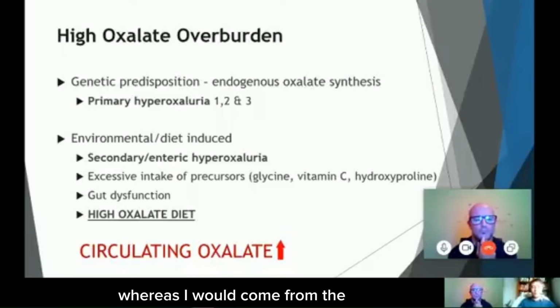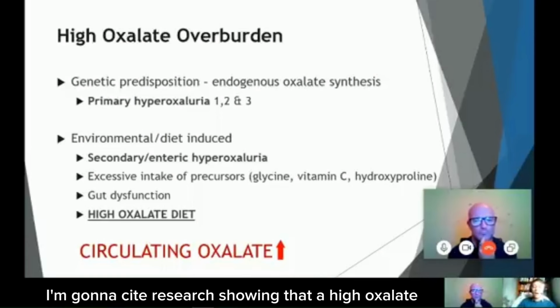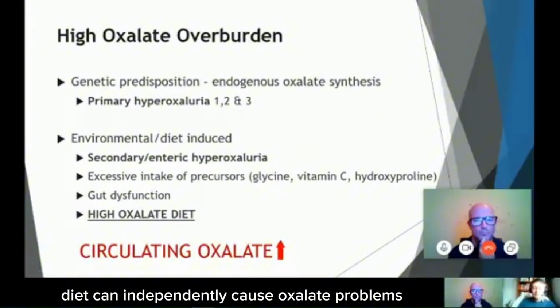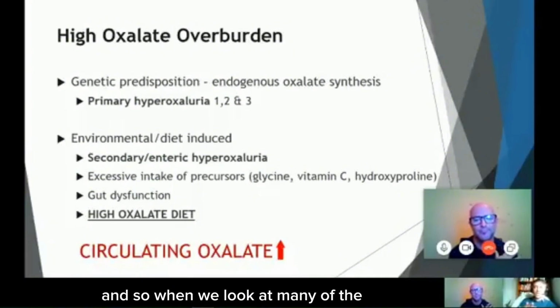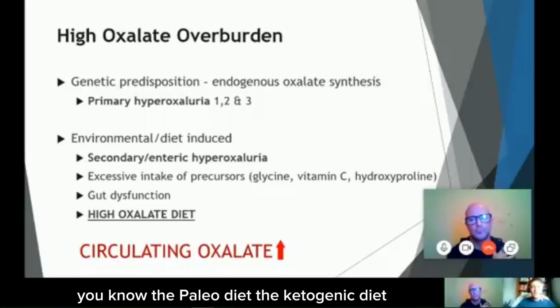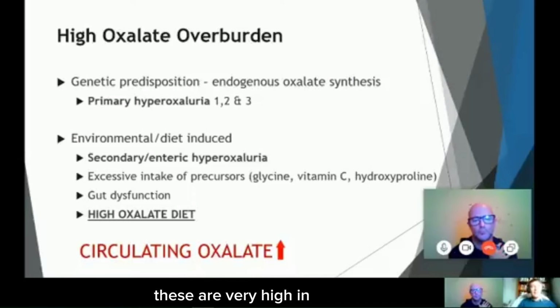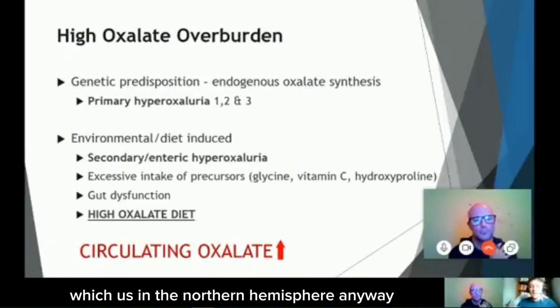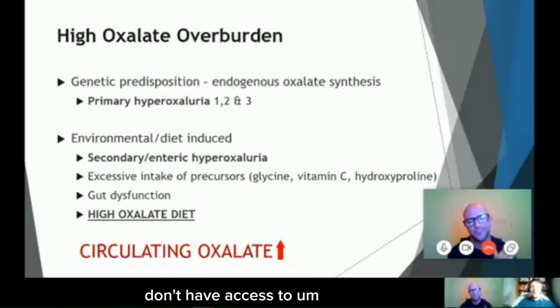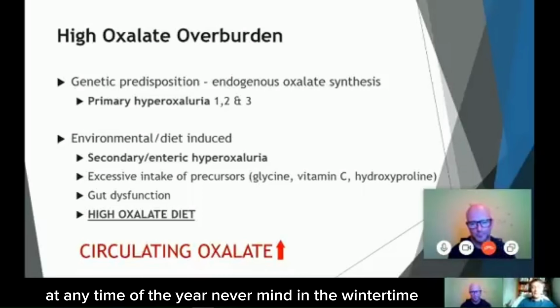Whereas I would counter that, and actually I'm going to cite research showing that a high oxalate diet can independently cause oxalate problems. When we look at many of the paleo diets, the ketogenic diet, but even vegan and vegetarian diets, these are very high in almost tropical foods, which those of us in the northern hemisphere don't have access to at any time of the year, never mind in the winter time.